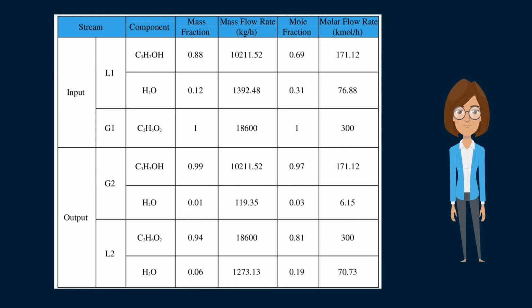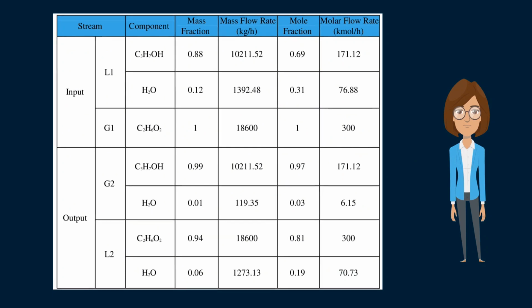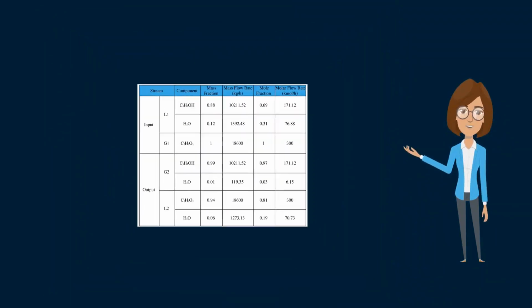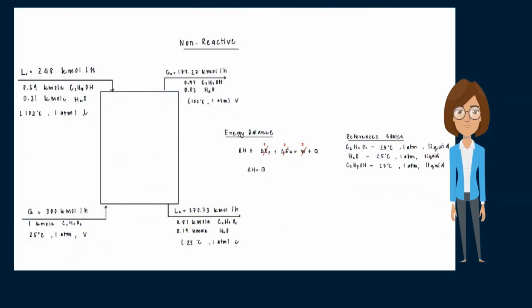The inlet molar flow rates of isopropanol, water, and ethylene glycol are 171.2 kmol per hour, 76.88 kmol per hour, and 300 kmol per hour. After the absorption, the isopropanol and a little water will go to G2, while ethylene glycol and water will go to L2.